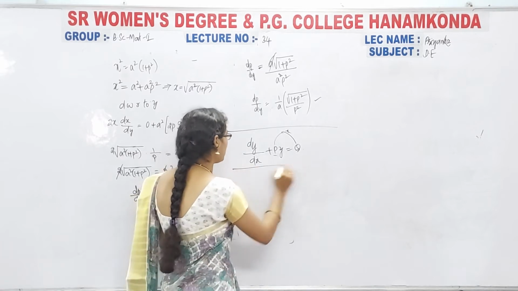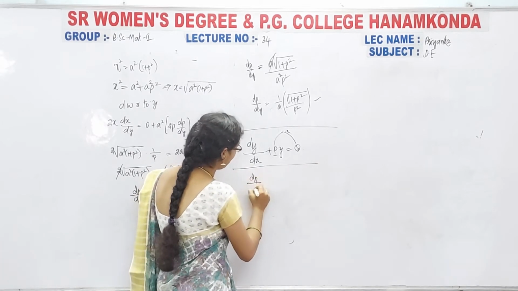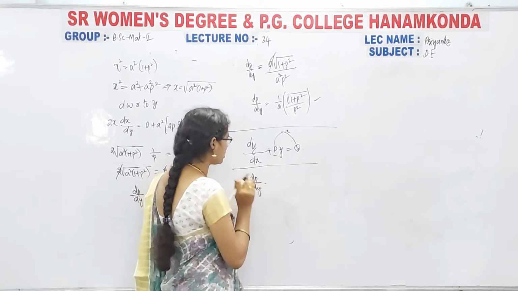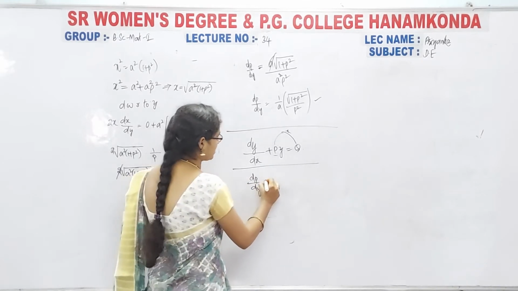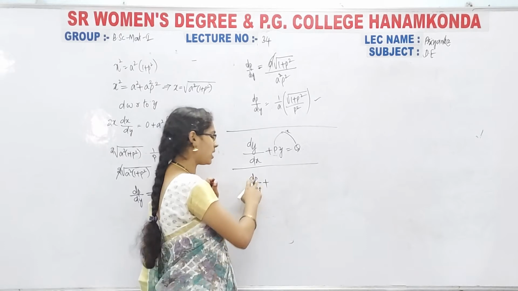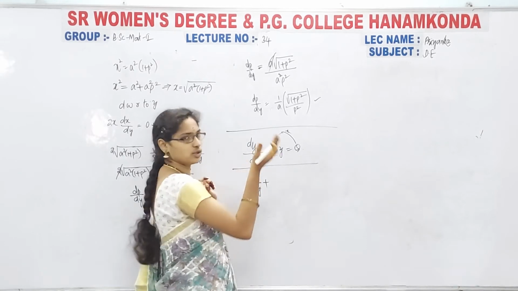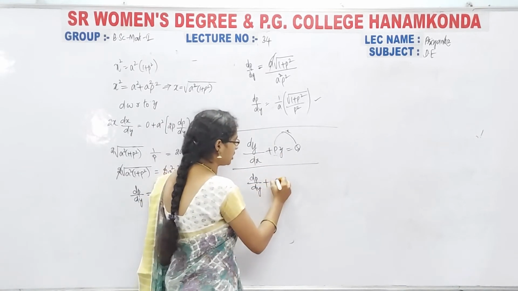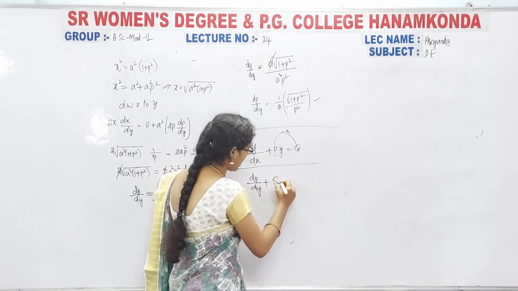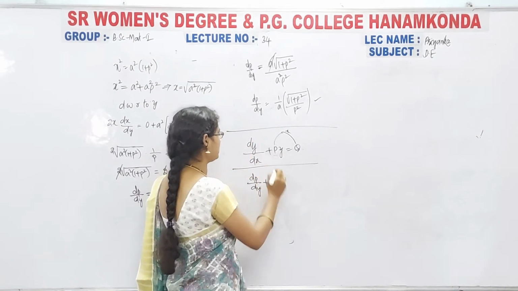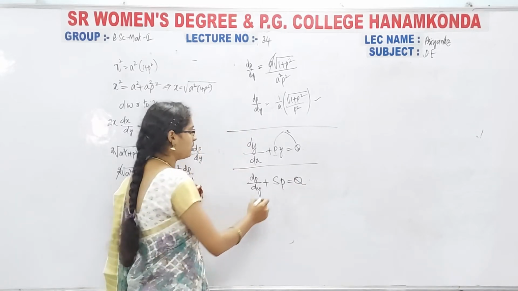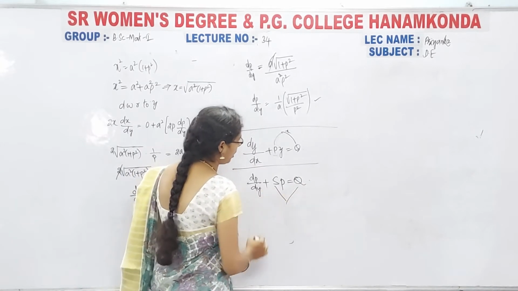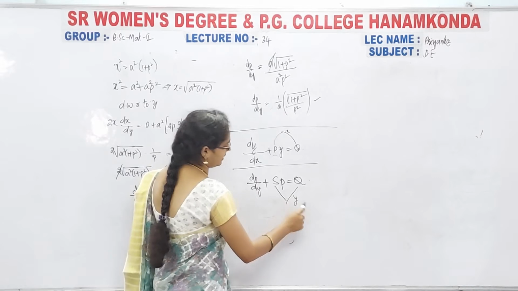Okay, so now here we have dp by dy. How do we get this form, dp by dy plus, so here we have p, no, so already we are taking p, so I am choosing another variable, that is nothing but some s. Okay, and now in the place of y we have to get p is equal to q. Now s and q are functions of y.